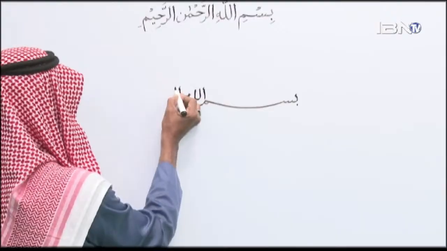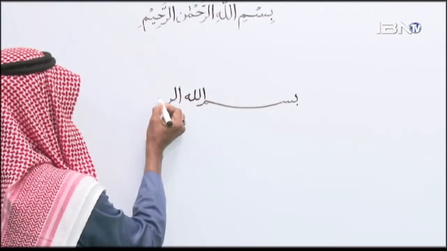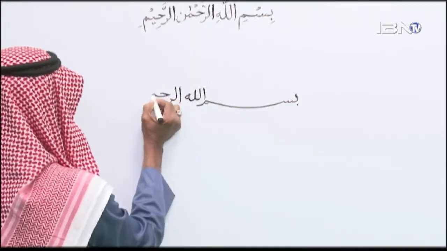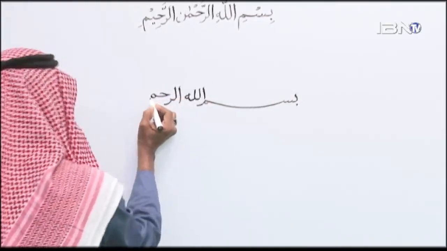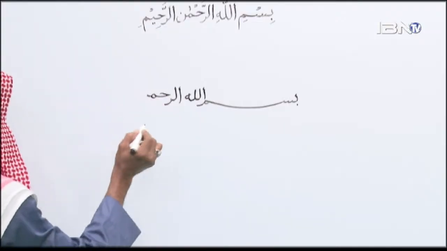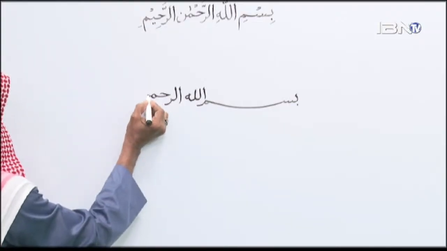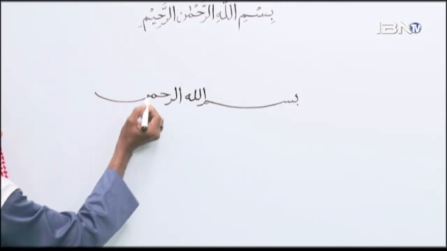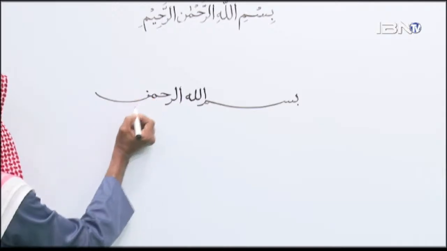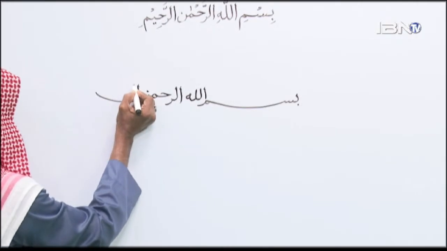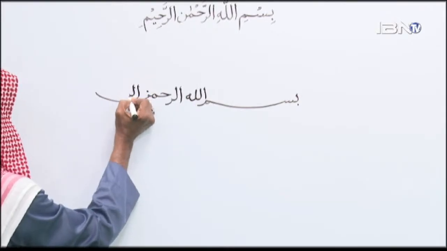And then you have the next word, Ar-Rahman. What you would notice with this one is the letter Noon itself. Now it's not the attachment line, but actually a letter, and the letter is stretched like this. And then you have the next word starting inside here.